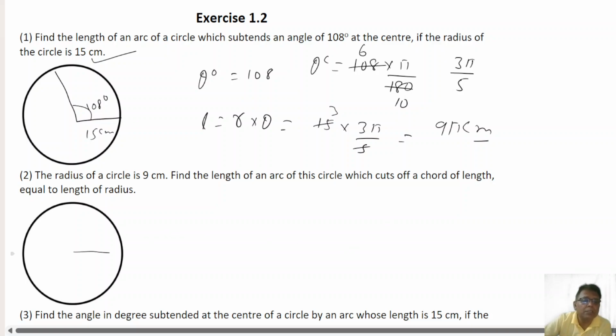The radius is 9 centimeters. Find the arc length of this circle with a chord cut off of length equal to the radius.